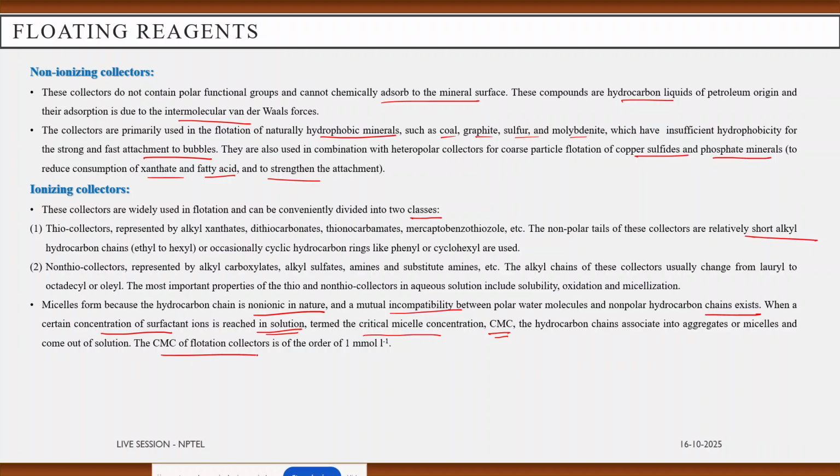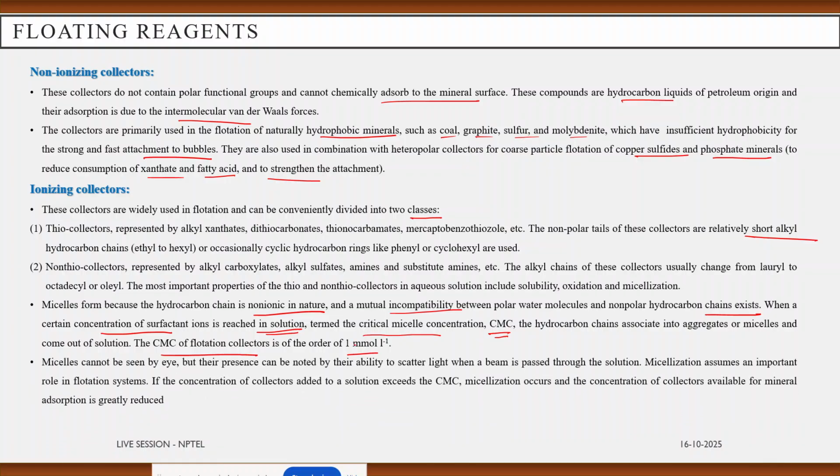The CMC of the flotation collector is of the order of 1 millimole per liter. These micelles cannot be seen by the bare eye, but their presence can be noted by their ability to scatter light when a beam is passed through the solution.